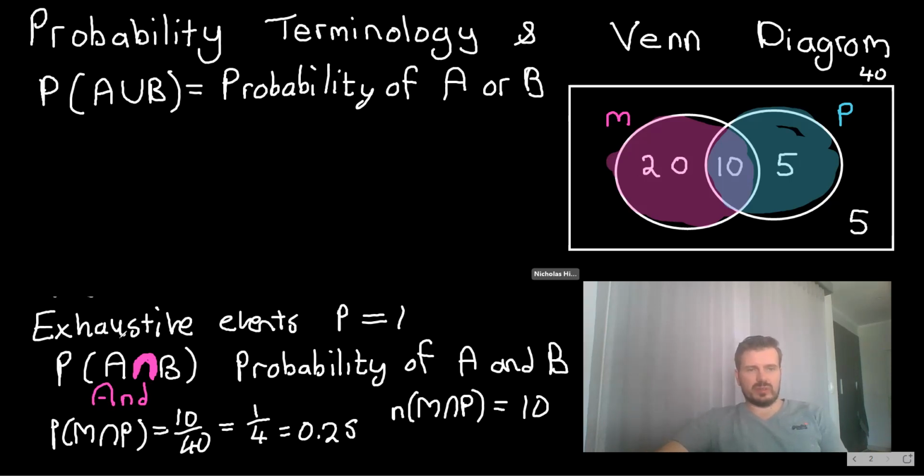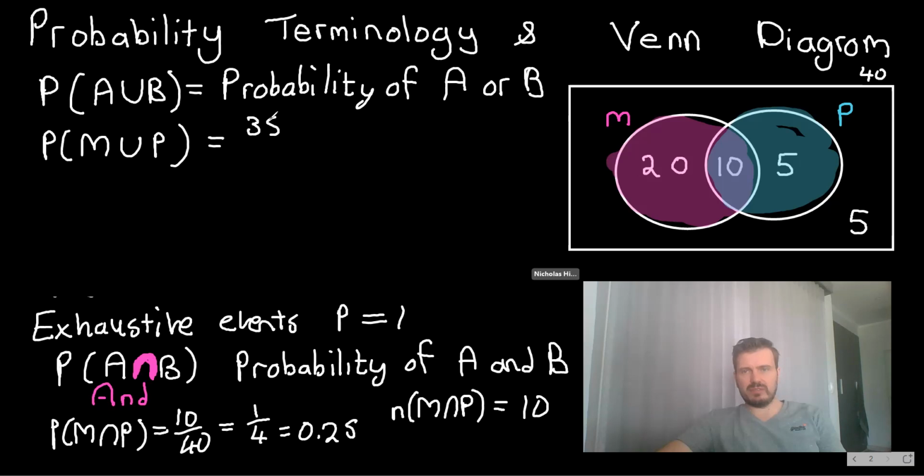Because there are these two options, 'and' and 'or'. So 'or', if I said M or P, well, that means where is it pink or blue? So it could be any, it could be all of these, right? Union, it's all of them. Because that's pink there, that's blue there, and this is 'or' as well. So this is 'and', but it also counts. So wherever we see it shaded, that's going to be part of the probability.